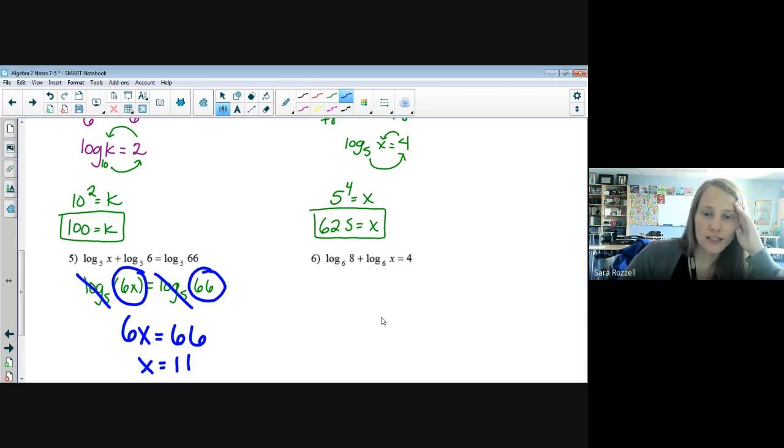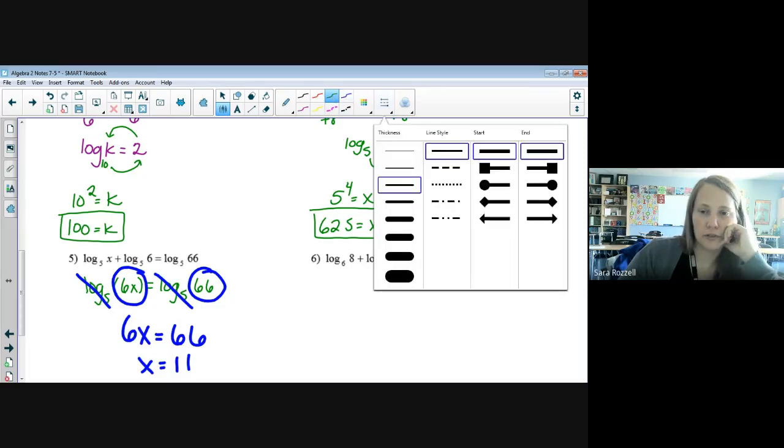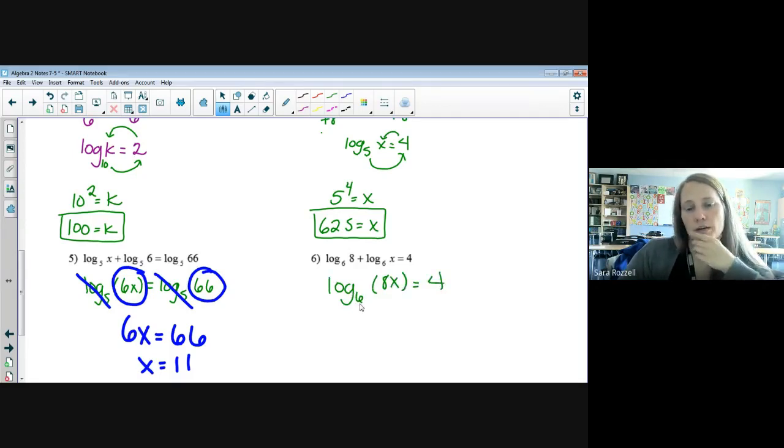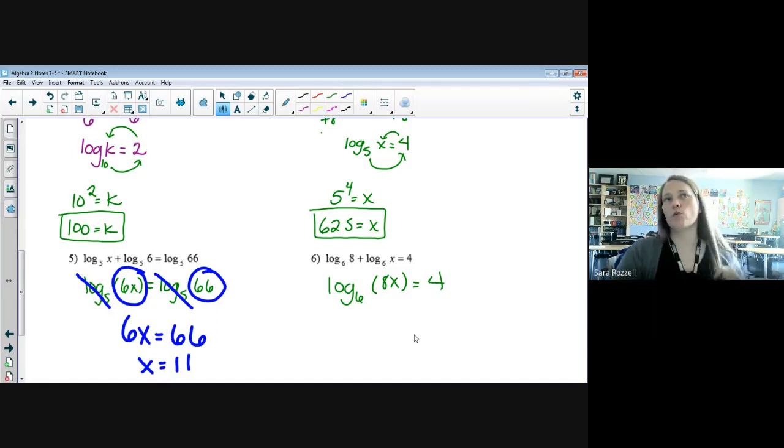All right, on number 6, I have another plus sign. So that means I'm going to combine them together by multiplication. So log base 6 of 8x is going to equal 4. The log is by itself. There's nothing else in front or at the end. So now we're ready to write it as a power. So what is our base?